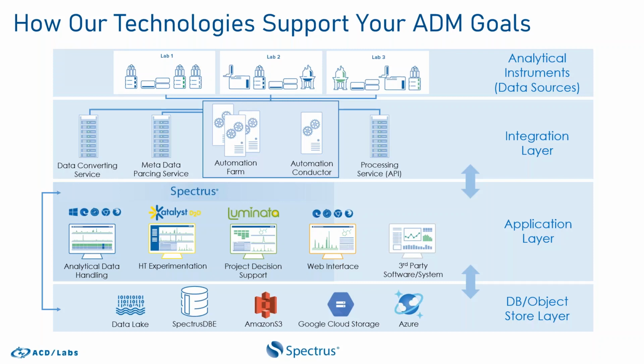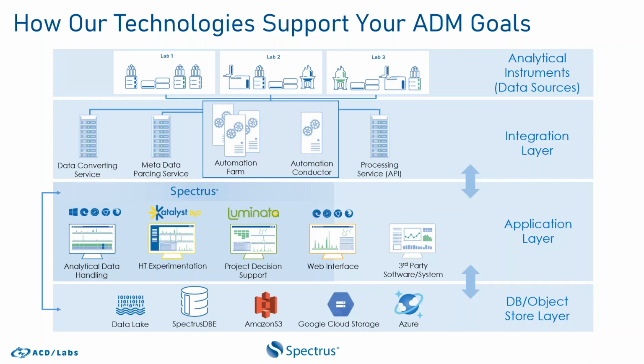But we also have web components that can be integrated into other applications that you may have in-house, as well as the data itself being able to be accessed by third-party software and systems. The analytical data that's been processed and all the metadata associated with it is housed within Spectrus DB Enterprise Server, but we also interact with a number of different cloud object providers, whether it's Amazon, Google Cloud, or Azure.